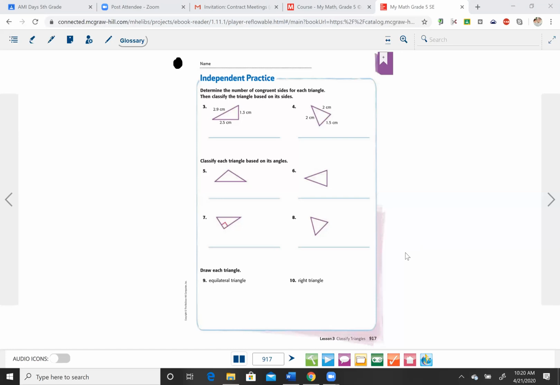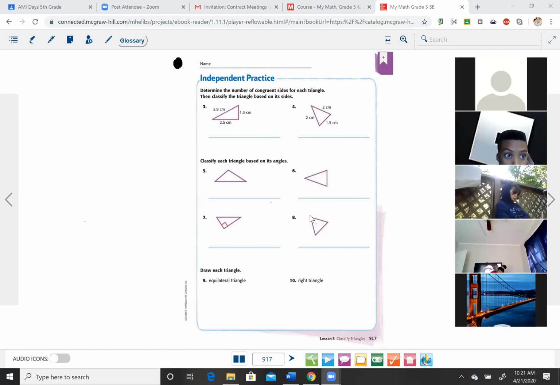A scalene triangle. Boom, that's all it's asking. So 3 and 4 are asking just for the side descriptions. That's on the first page. 5, 6, 7, and 8 are asking for the angle description, which is the second table. So acute, obtuse, and right. Okay, does that make better sense? Mm-hmm.